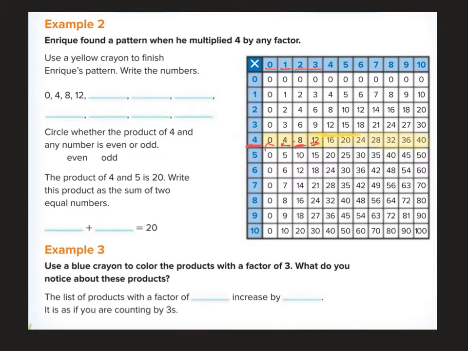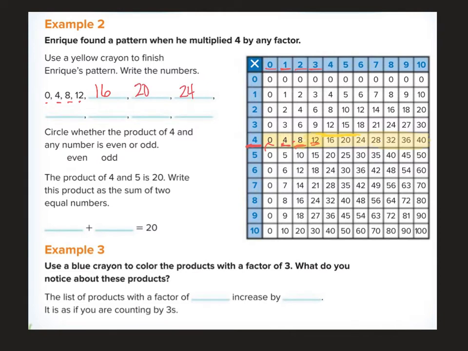What do you notice? Look at this, guys. We're counting by 4s. We're really good at counting by 2s and 5s and 10s, but multiplication is just getting good at counting by other numbers too. So I'd count 0, 4, 8, 12, 16, 20, 24.